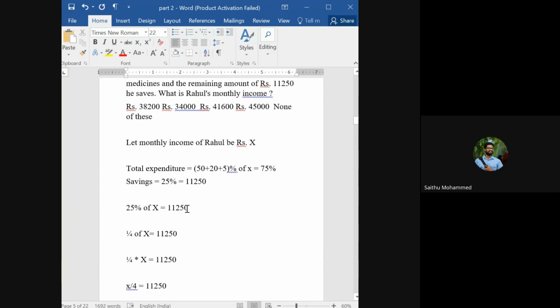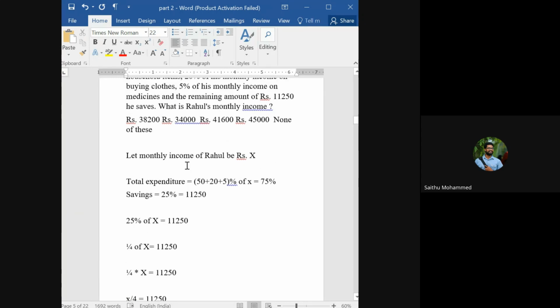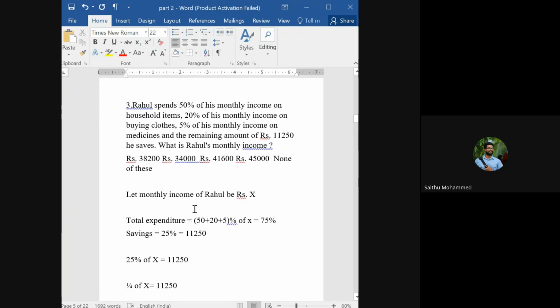Once again, I will just brief it out. First, we assume that the amount that Rahul is earning monthly is rupees X, and from the given question, as this is a percentage question, we find the total of the expenses. So 50 plus 20 plus 5, which is 75%, is the total expenditure, and savings is the remaining, right? 75% is expense, and after that there is only one thing, that is savings.